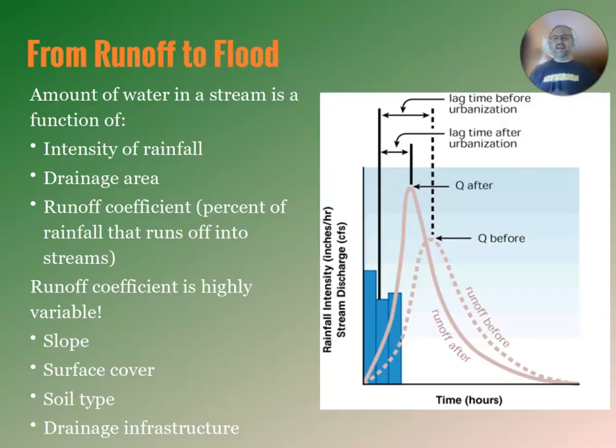So urbanizing areas tends to make our floods bigger and faster than they would be otherwise, even with the same precipitation. So even if the precipitation amounts that we're getting are the same, if we have paved over everything, then we're going to get bigger and faster floods than if we still had our natural ground covers like trees and grasses and so forth in place.